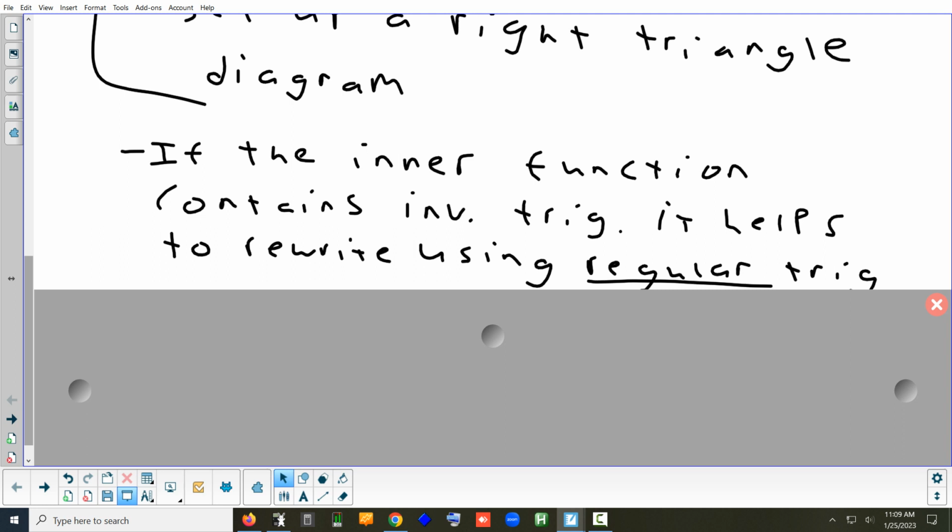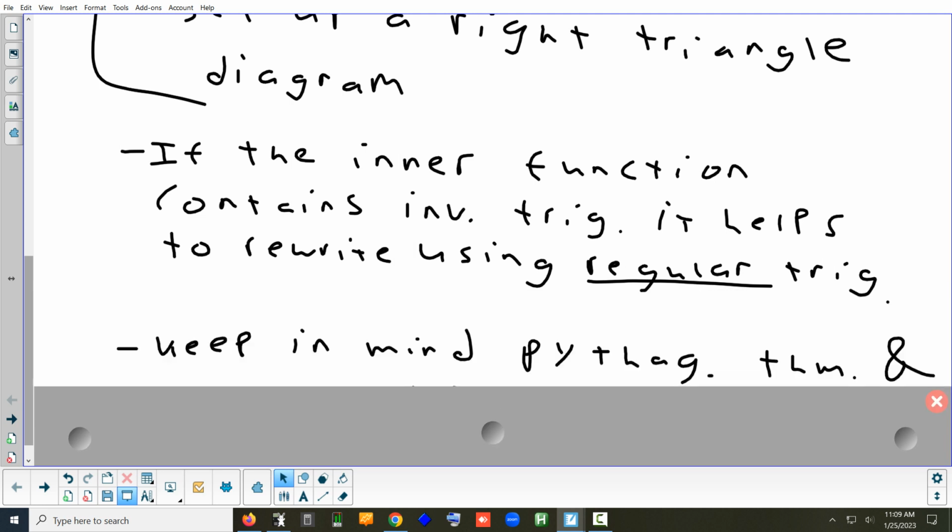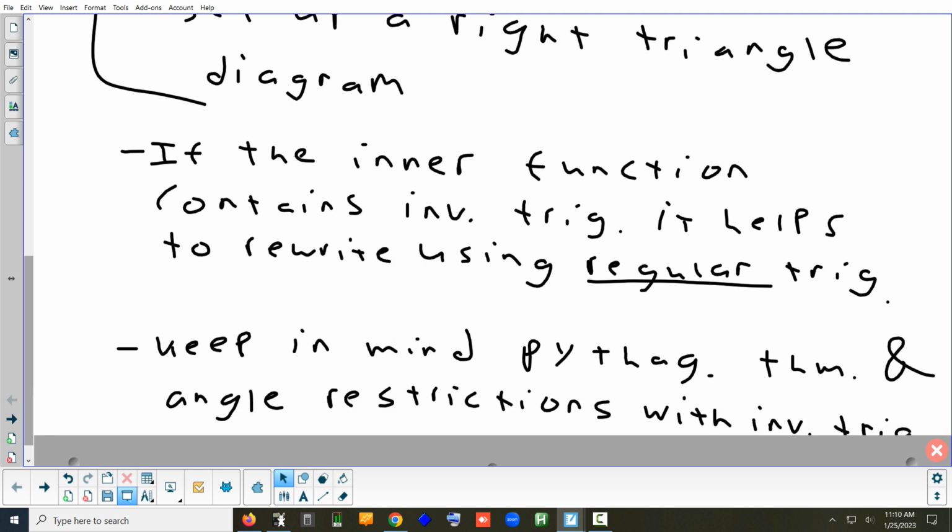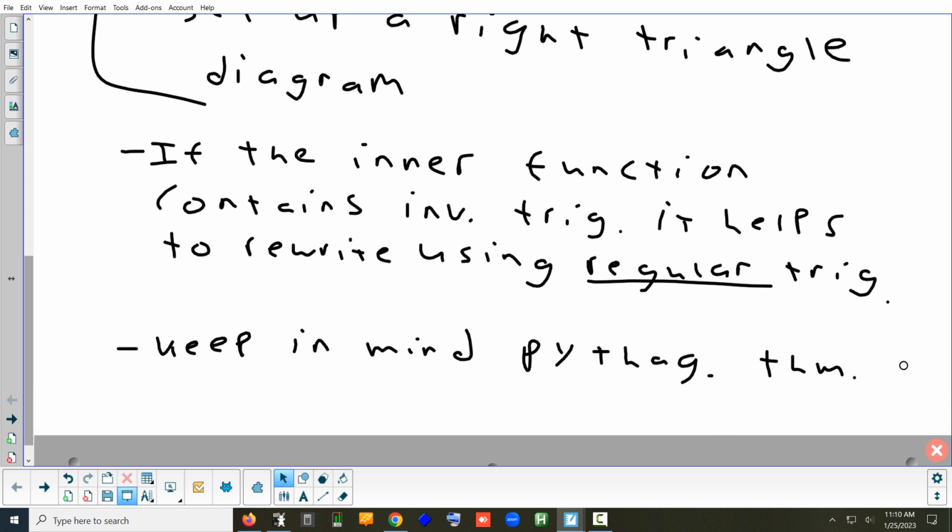And the way we do that is usually you take a trig function of each side, and then it cancels out the inverse trig and turns it into regular trig on the other side. Just remember what the Pythagorean theorem is: leg squared plus leg squared equals hypotenuse squared, because it's going to come up in the next problem.